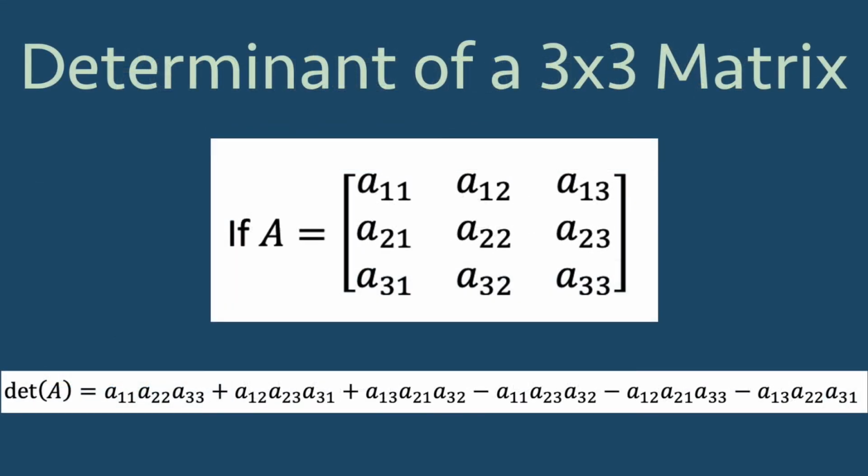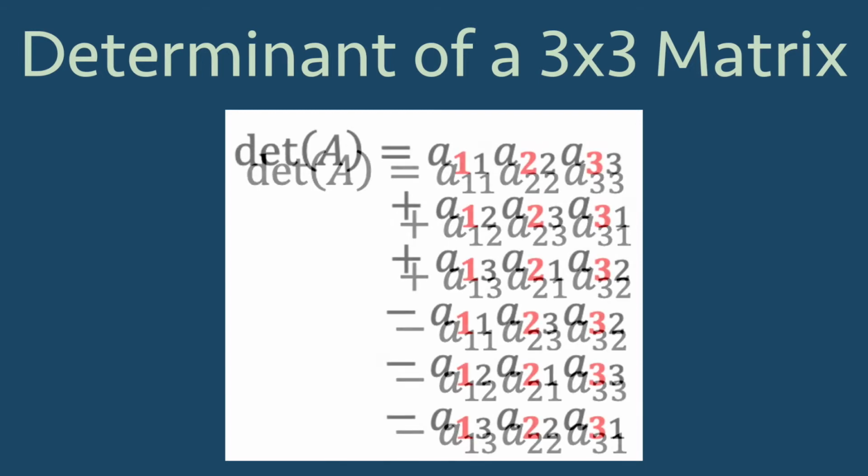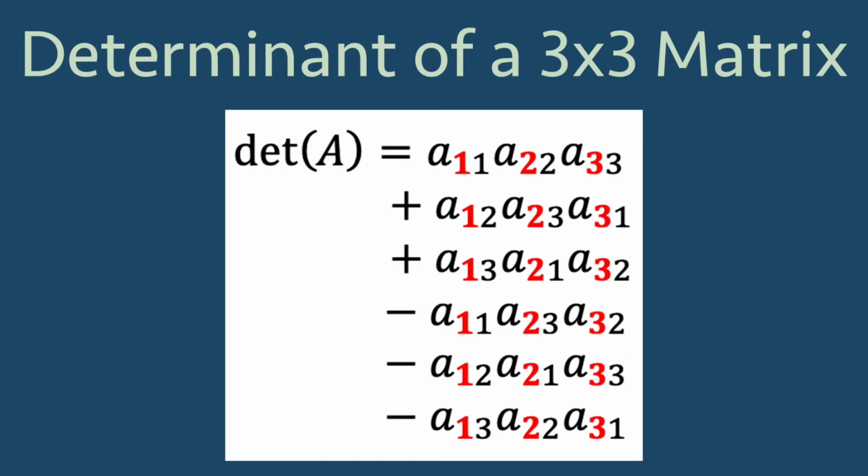Now let's observe where the permutations are in the definition of the determinant of a 3 by 3 matrix. If we define a matrix A as seen here, then the determinant of A is defined as this sum. There are 6 products involved in this sum, with 3 being positive and 3 being negative. In each product, there are 3 terms. Notice that the first numbers in each subscript keep the pattern 1, 2, 3.